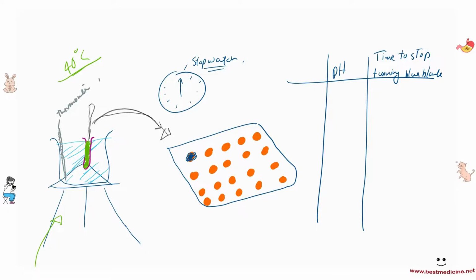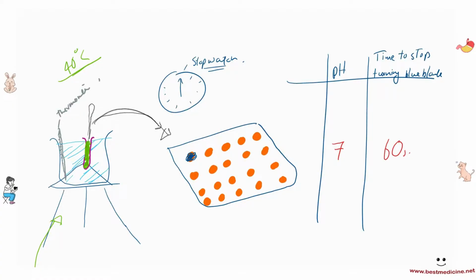Of course not. The iodine solution on the spotting tile will not turn blue-black if the starch is digested. So let's start with a pH that I consider optimum, maybe 7. At 7, you would have the least amount of time for it to stop turning blue-black, maybe 60 seconds. So you took a sample at 30 seconds and it turned blue-black, but at 60 seconds it didn't.